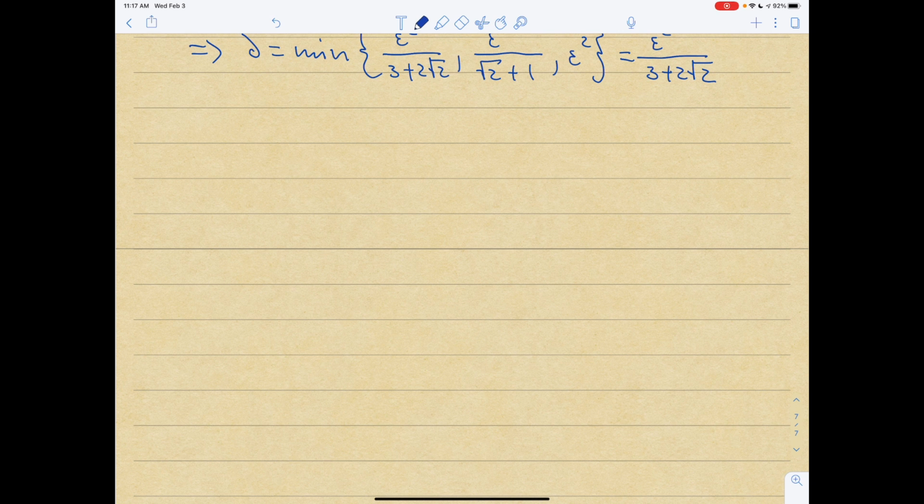And last thing for this example, let's look at the picture again. So in this case, we're working with square root of x on the interval from 0 to 1.